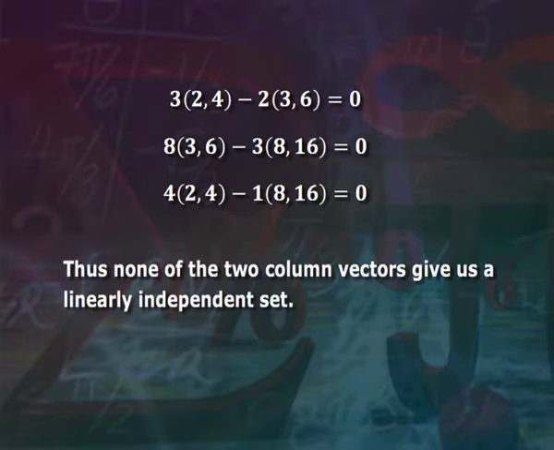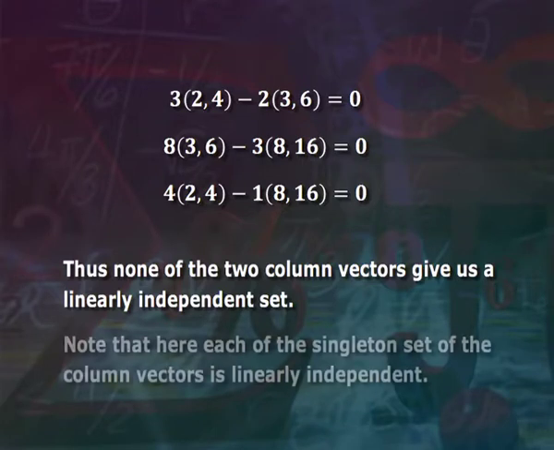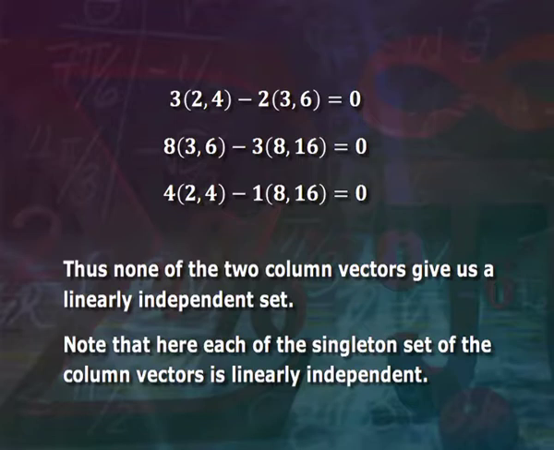Thus, none of the two column vectors give us a linearly independent set. Note that here each of the singleton sets of the column vectors is linearly independent. Thus, the maximum number of linearly independent column vectors here is 1. Hence, the column rank also is 1, which was expected.